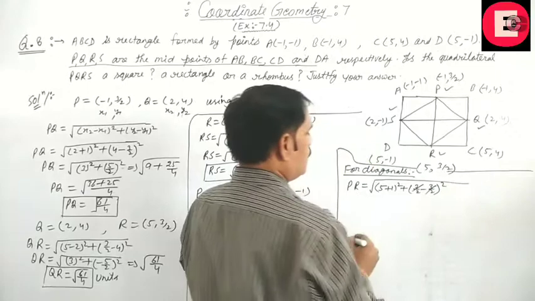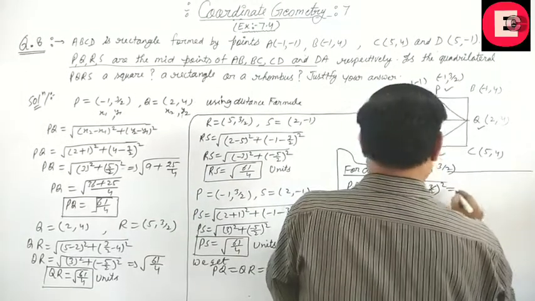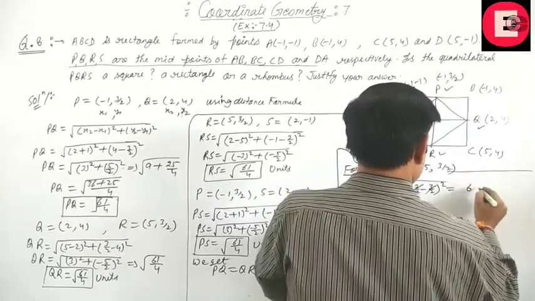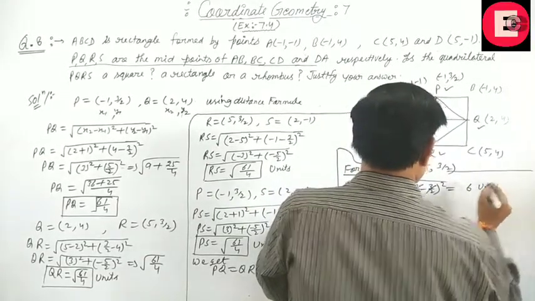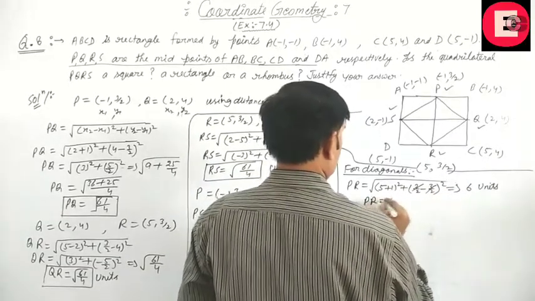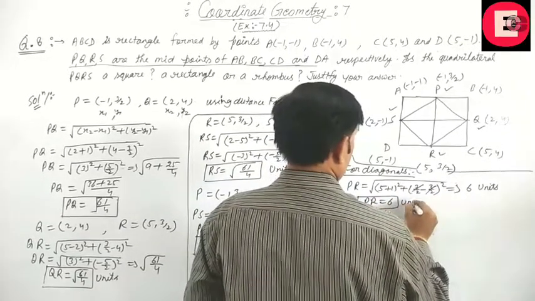This will be cancelled. So the diagonal of this quadrilateral is 6 units. So PR is equal to 6 units.